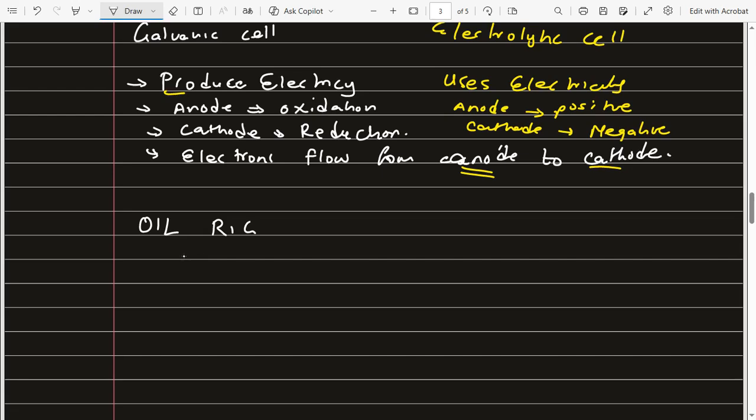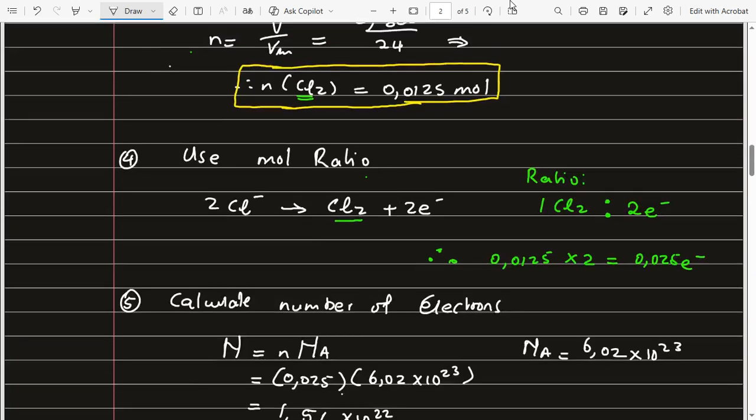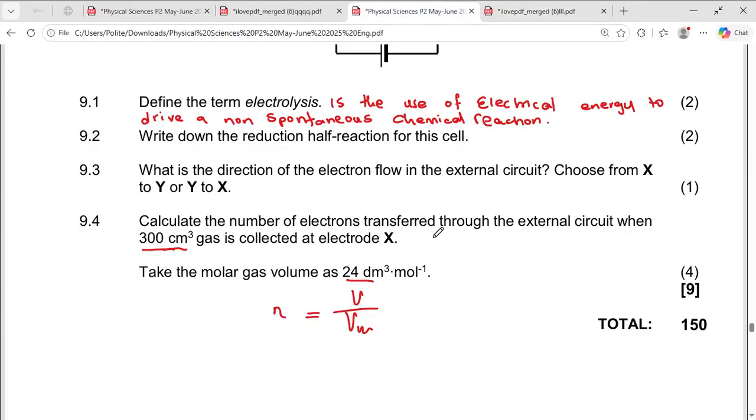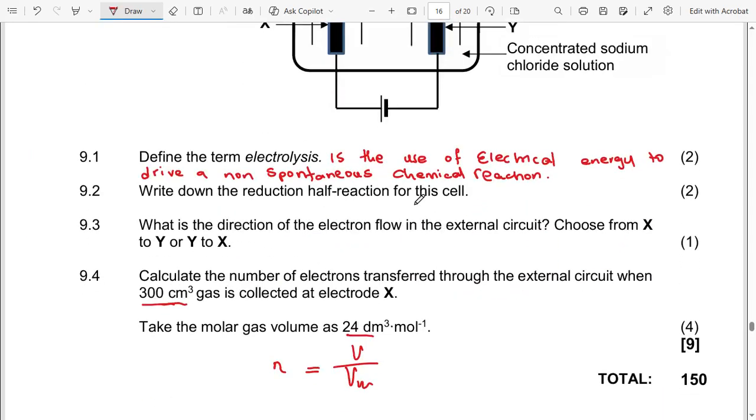Then we have RED CAT, which means that reduction happens at the cathode, and oxidation at the anode, and electrons always move from anode to cathode. I think, guys, you already understand this concept. This is how you answer a question based on electrolytic cells. That's it for this one.